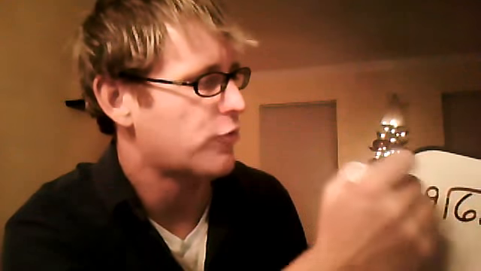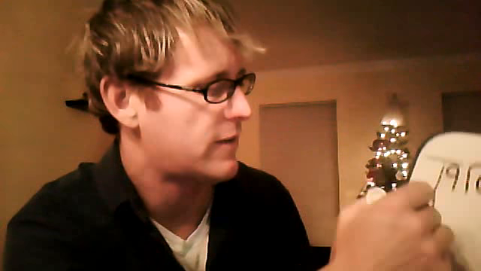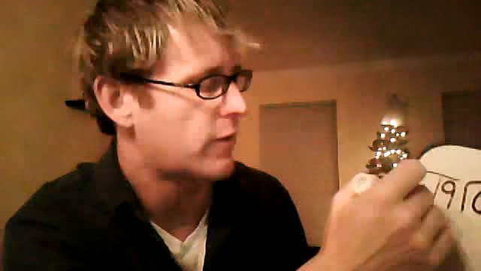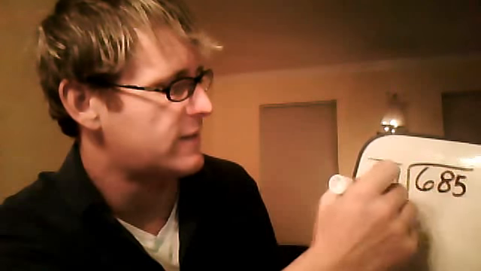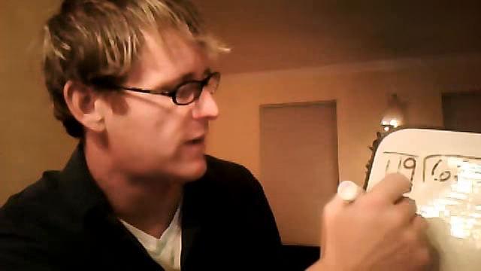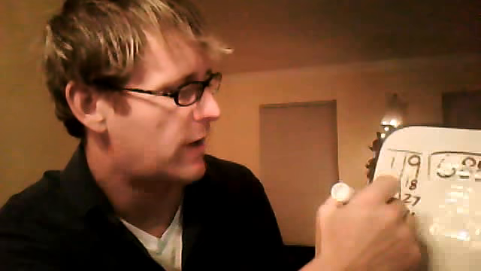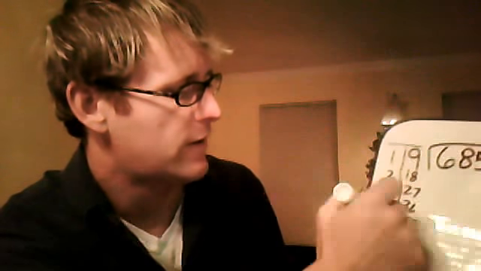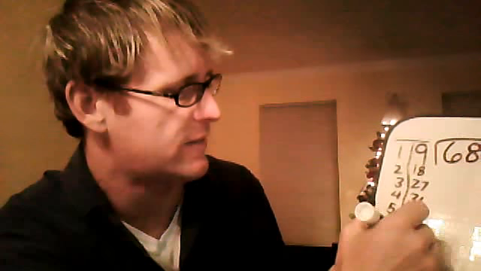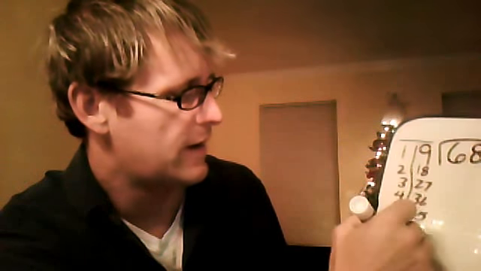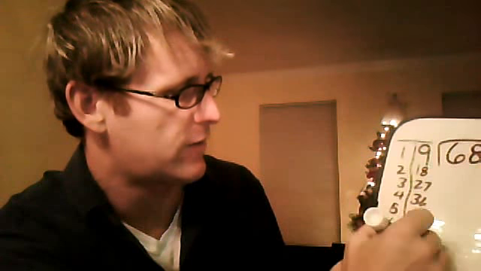And actually, a little trick that I was thinking about is if we make a little chart, so that we know that 1 times 9 is 9. And then we have 2 times 9 is 18. 3 times 9 is 27. 4 times 9 is 36. 5 times 9 is 45. 6 times 9 is 54. 7 times 9 is 63. 8 times 9 is 72.